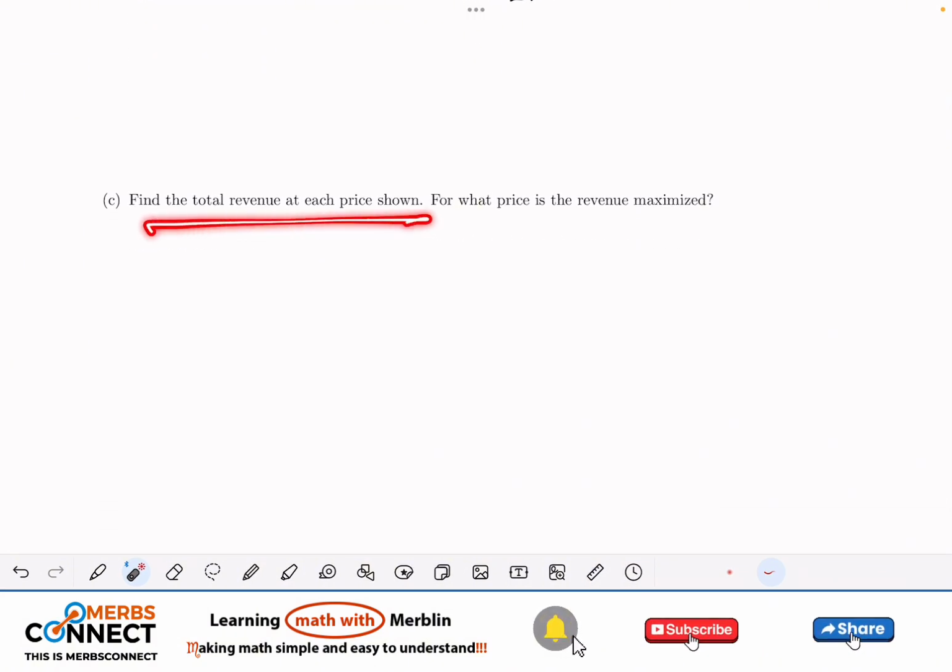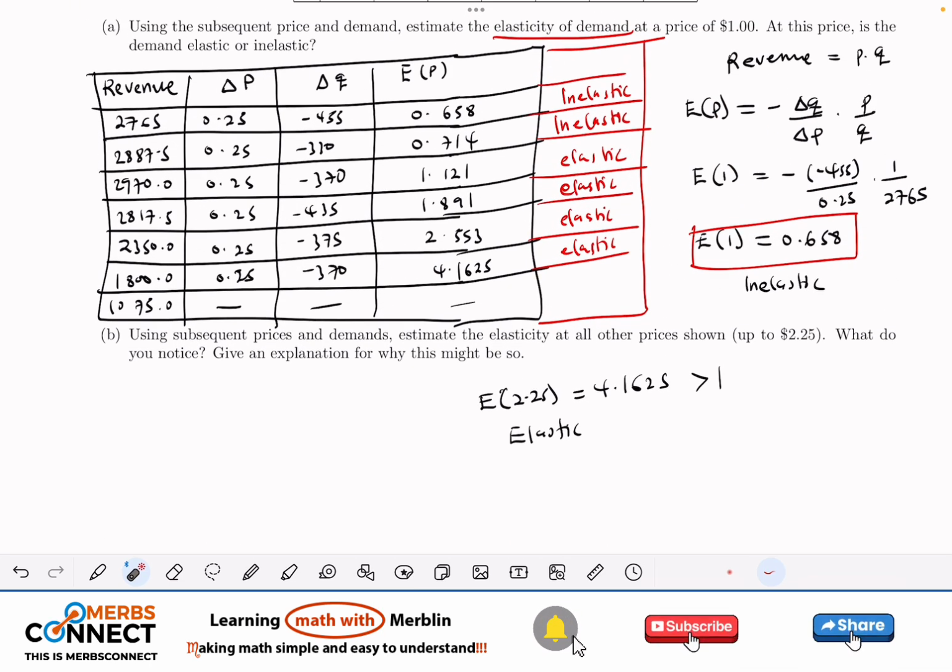But the question is saying that for what price is the total revenue maximized? So let's look at the highest revenue. Okay, so the highest revenue will be somewhere here. This is where we are going to have the highest revenue. This row, right? This is the row that we are going to have highest revenue.